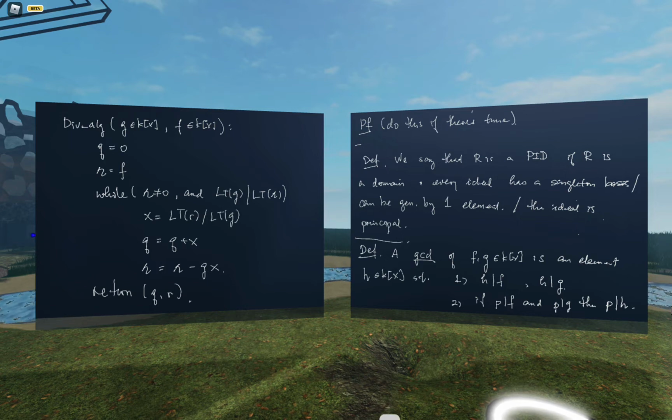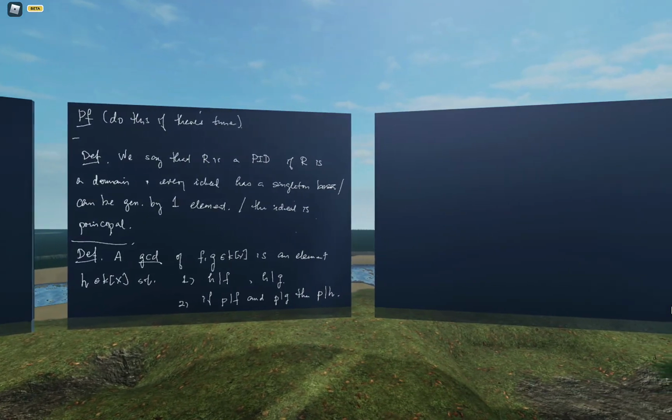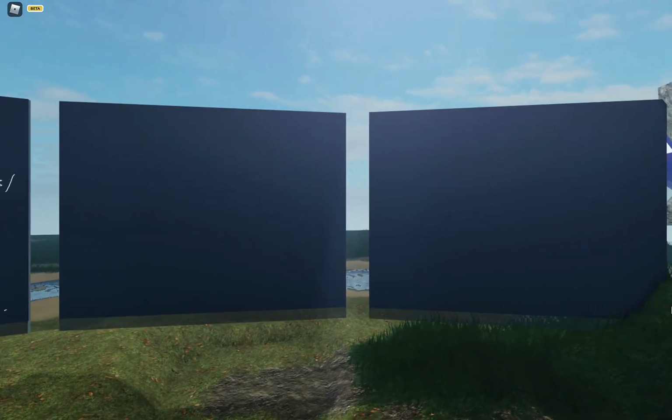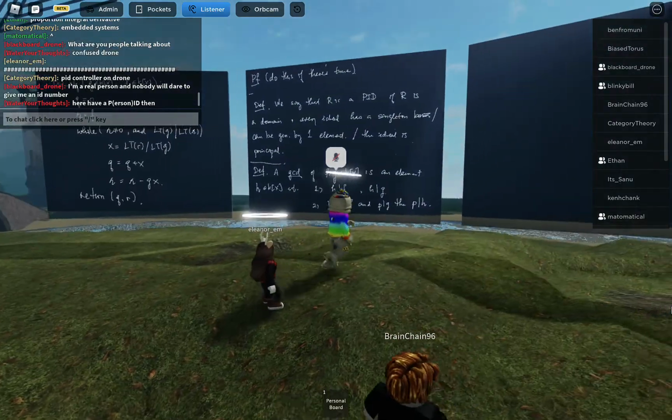So this is the same definition as you would have seen for integers. I don't know if I mentioned this earlier, but a polynomial dividing another one just means that when you carry out the division algorithm, you get 0 remainder.